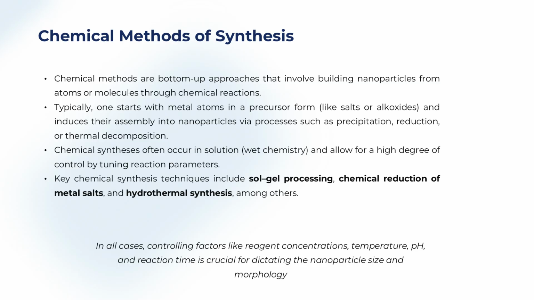Chemical syntheses often occur in solution and allow for a high degree of control by tuning reaction parameters. Key chemical synthesis techniques include sol-gel processing, chemical reduction of metal salts, and hydrothermal synthesis.